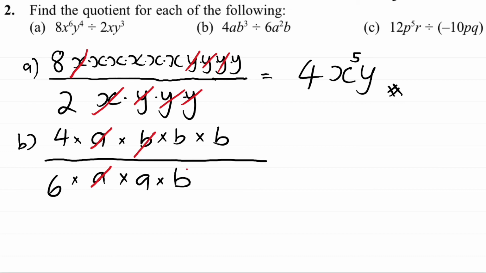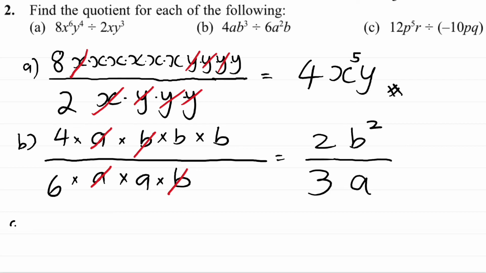Potong 1, potong 1. Itu sahaja kan. So kamu hanya tinggal adalah 2/3. Okay. Dekat atas ni tinggal berapa? B kuasa 2. Dekat bawah tinggal apa je? Tinggal A. Macam tu je. Okay.